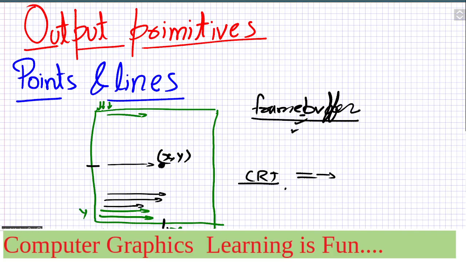So according to the design of the output device, this particular position will be visible. So this is a point.